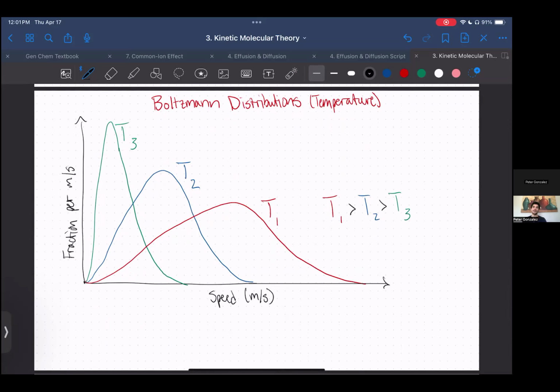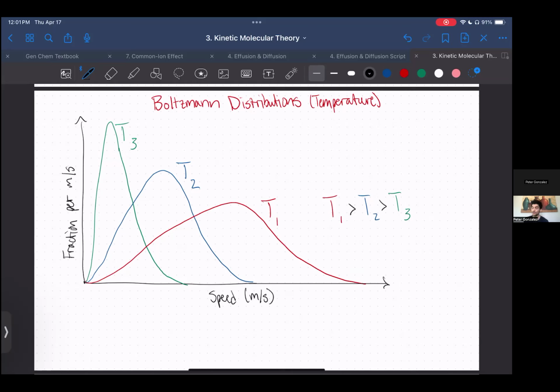Because now we say, okay, if you put a whole container of gas and you heat it up, even though it has a certain amount of energy, not every particle of gas will have the same energy. That's sort of the funkiness of chemistry. So with these Boltzmann distributions, I just want to show you how changes to it will impact how the graph looks. So before I actually get into that, I think it'd be really good.